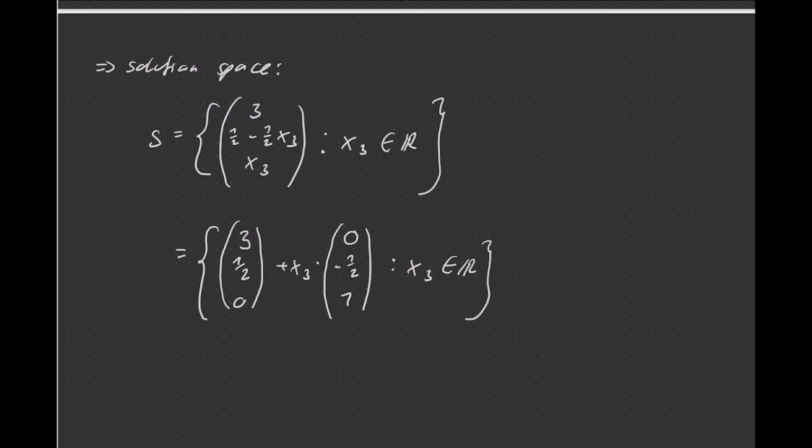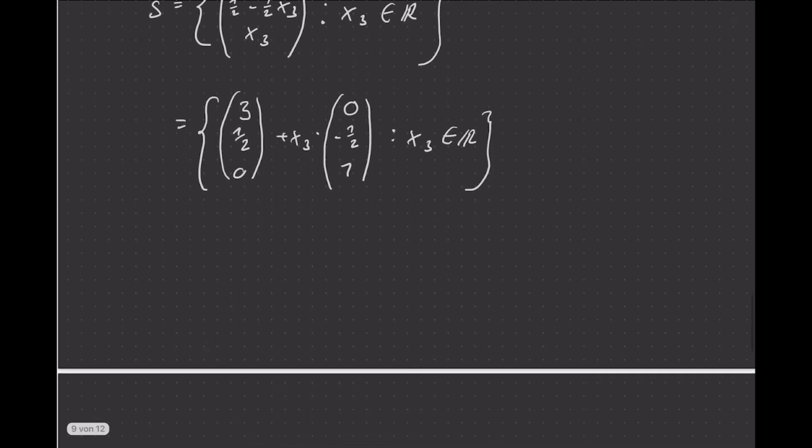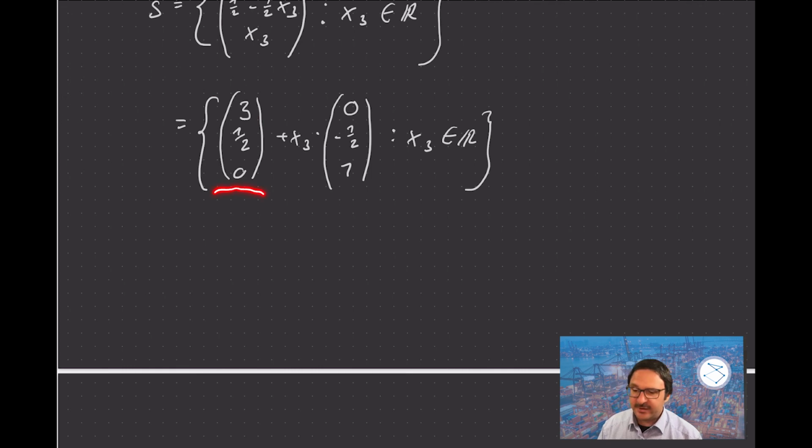So what you can see here in this last representation is the geometry of this solution space. How does that look? We have here basically a set that lives in three-dimensional space. And what we do is we take this point here, and then we add some multiple of this vector here.